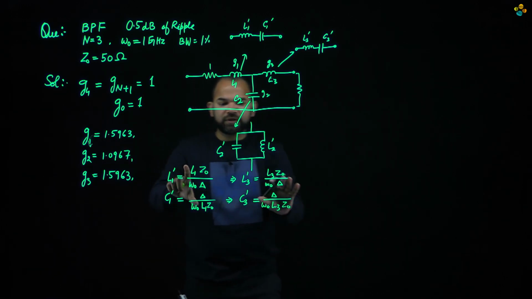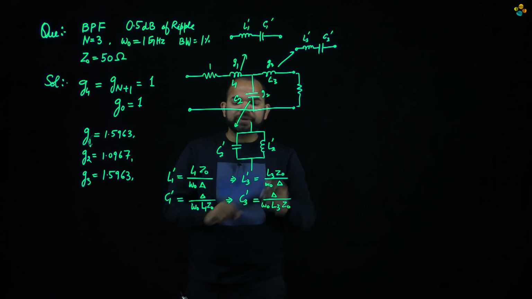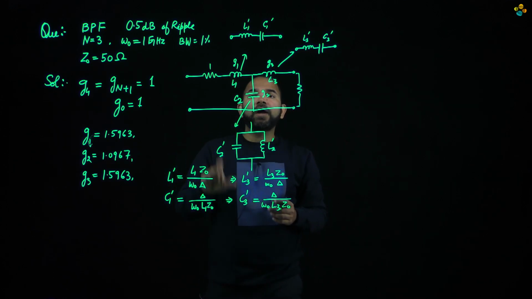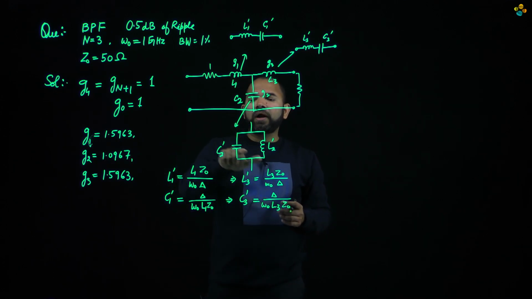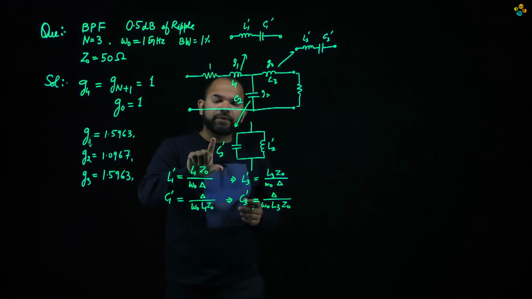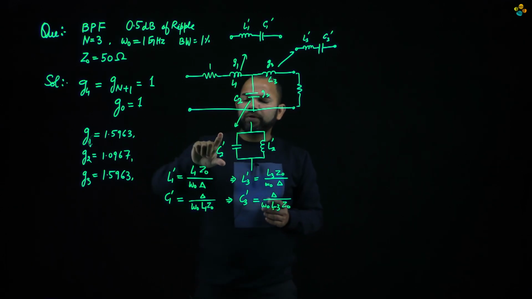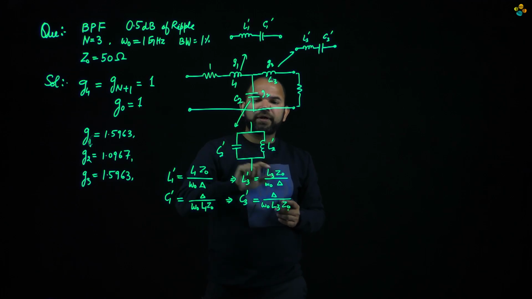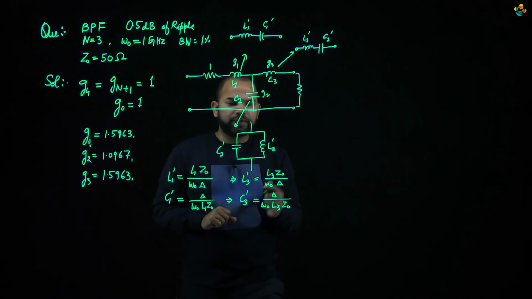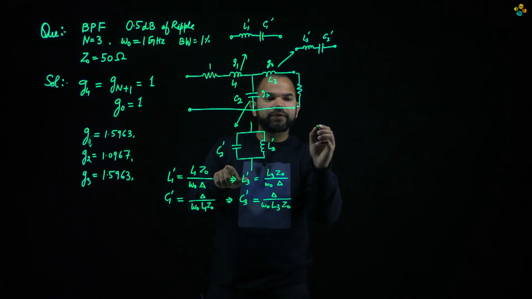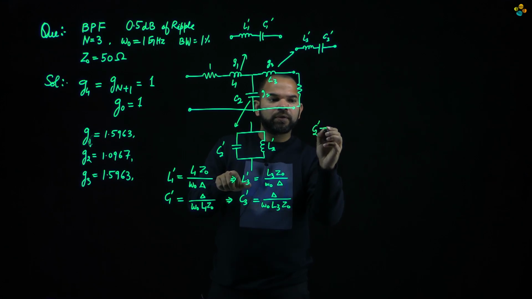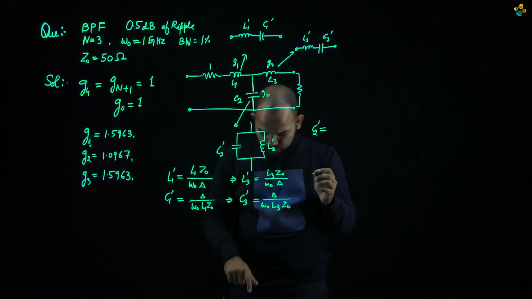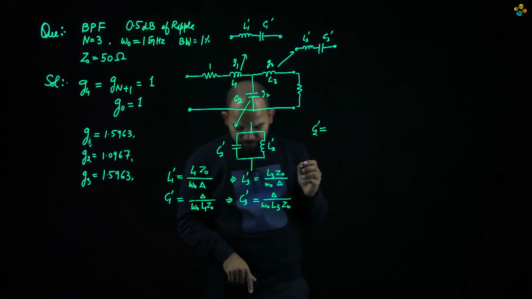So we have seen these transformations, how we can get these values, in the previous class. So now it's time to write the equivalent value for this capacitor and this inductor for a parallel combination. So for this, the C2 dash can be written in terms of C2 in the following form.